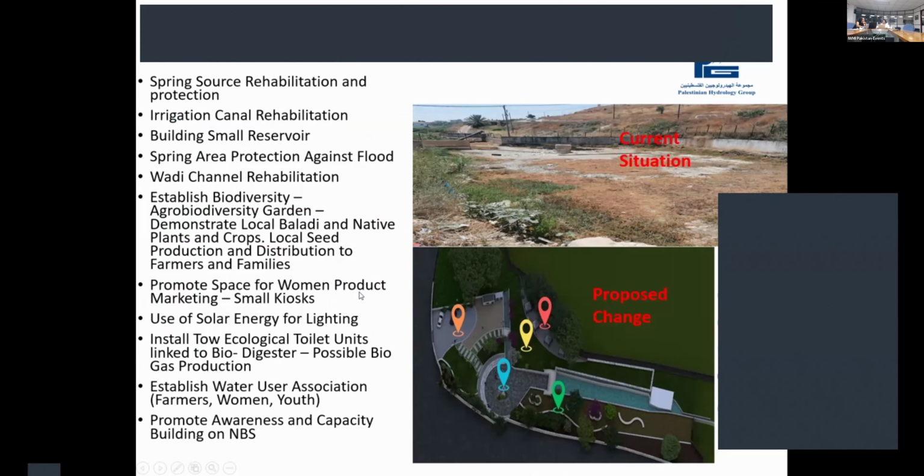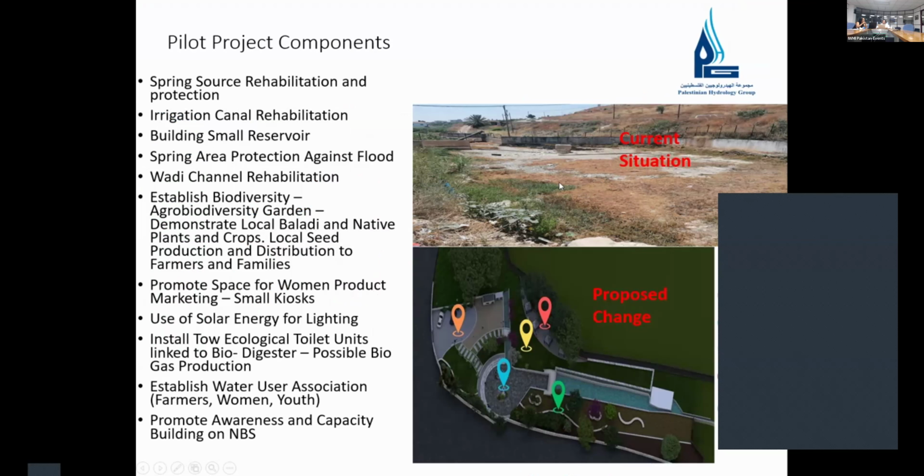In terms of our pilot, in the upper picture you see the spring as it is looking right now. The project that we are proposing is converting this space of the spring into a more living, environmental space, so that it can look more like a natural area.